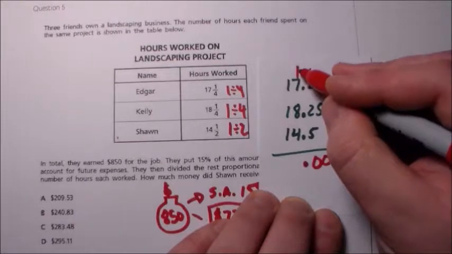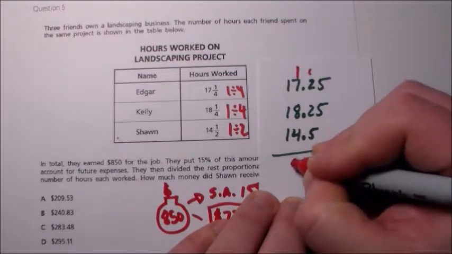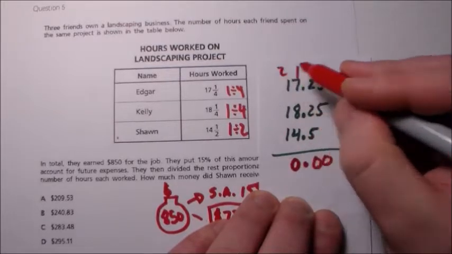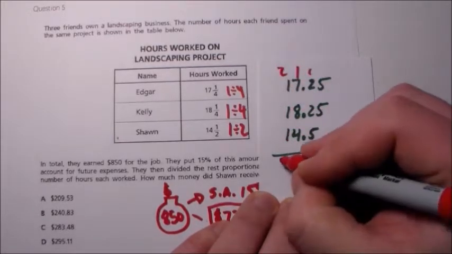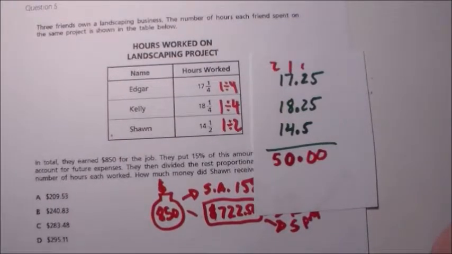Carry the 1. 1 plus 7 plus 8 plus 4 is an even 20. So carry the 2. And 2 plus 1 plus 1 plus 1 is an even 5. So there we go. That's a nice round number, 50. That's helpful that the test makers gave us a round number like that. I guess it's not super helpful because we have a calculator for this problem.